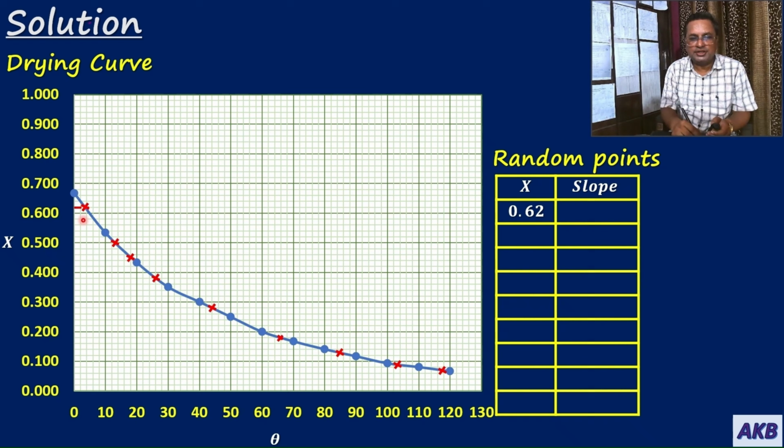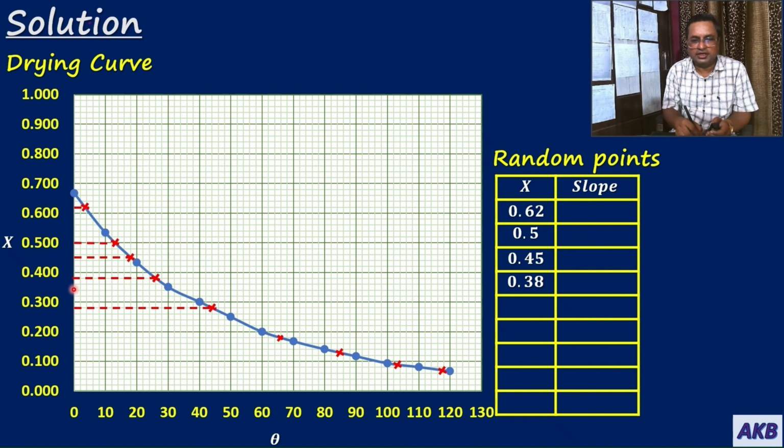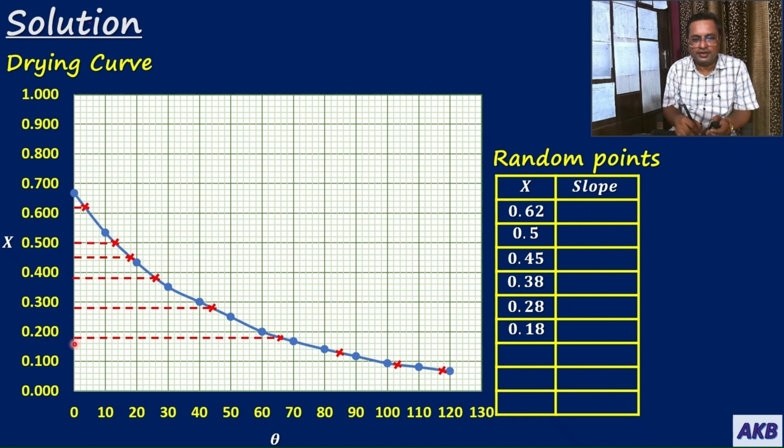So for this point, value of x is 0.62. Then for this point, the value of x is 0.5. Then for this point, the value of x is 0.45. And then for this point, the value of x is 0.38. For this point, the value of x is 0.28. Then for this point, the value of x is 0.18.